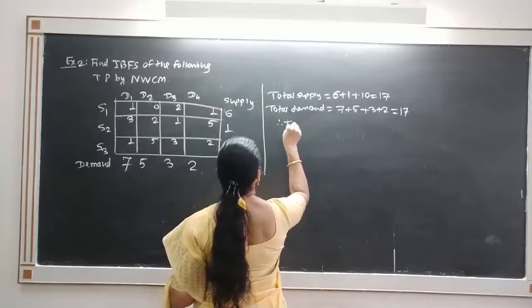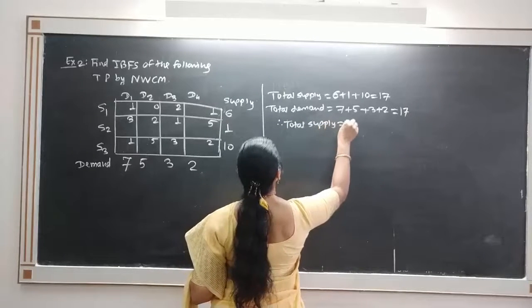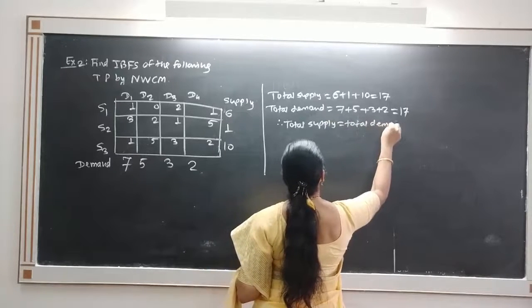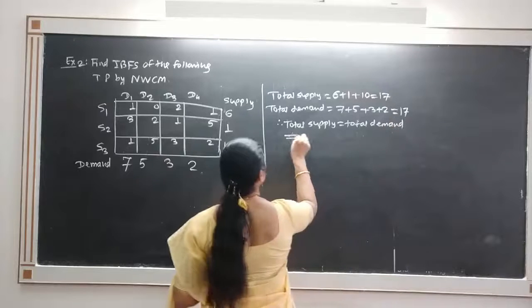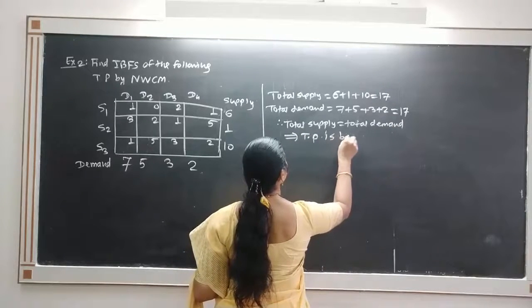And therefore total supply is equal to total demand, implies that this transportation problem is balanced transportation problem.